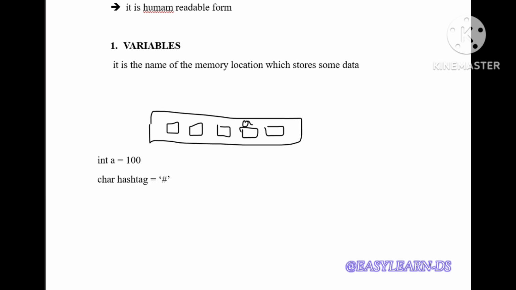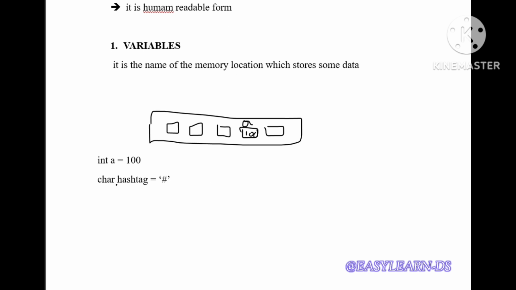The value of a will be stored in this memory slot, meaning it is storing the data of the assigned variable at a memory location. 100 is the data stored in the memory location, and that is assigned to variable a. This is the integer type.